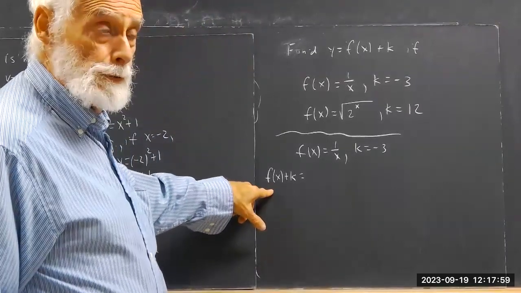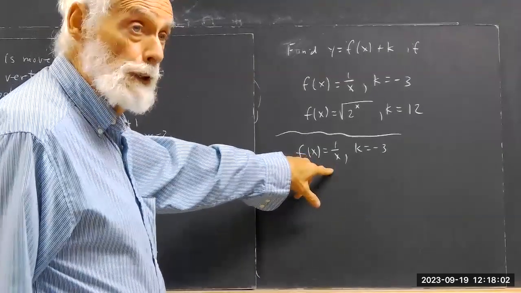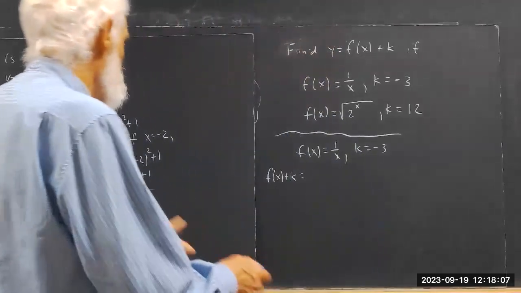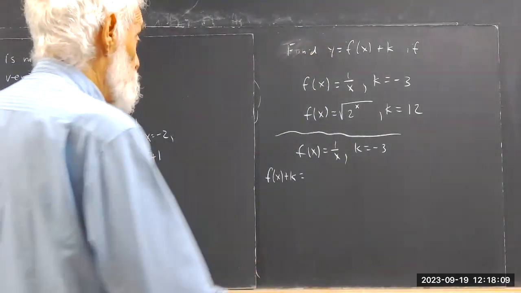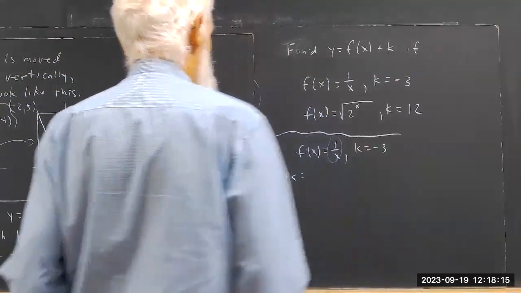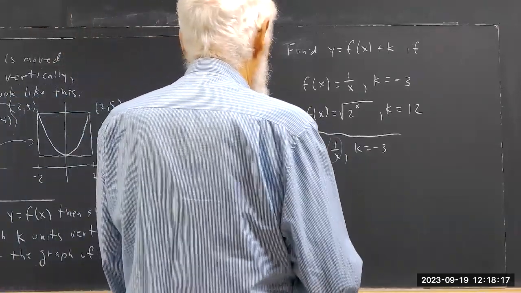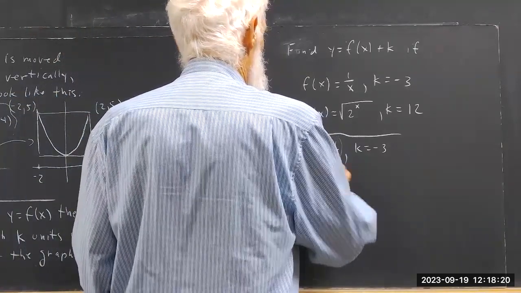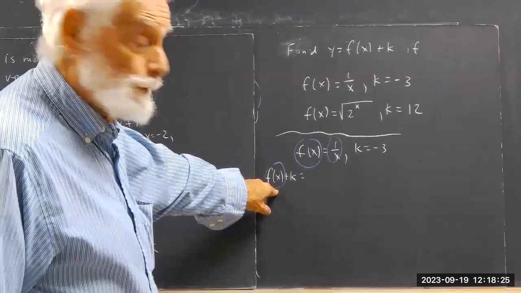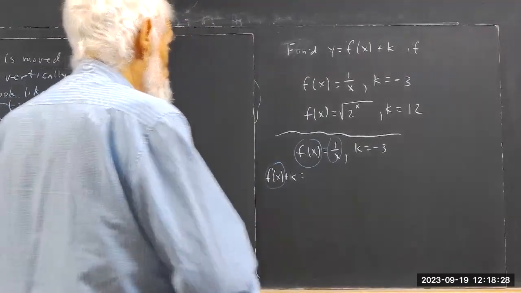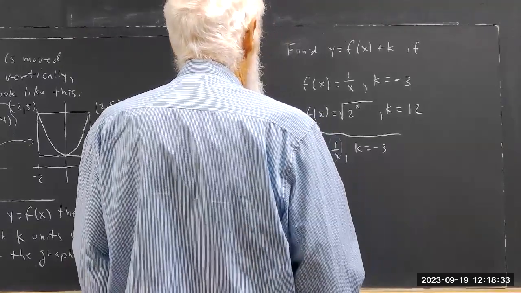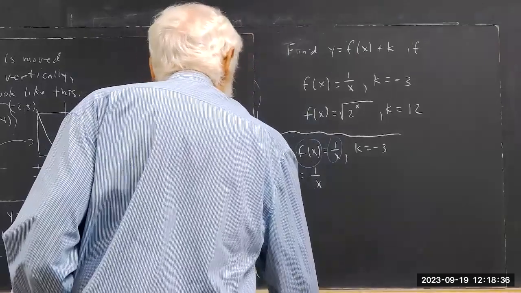What's f of x? It's 1 over x. So you're probably wanting to do something like what you did before, but this is a little different. You're just replacing whatever your expression for f of x is. Nothing is done to this expression. F of x is right there. You can replace it by 1 over x. And then you can replace k.